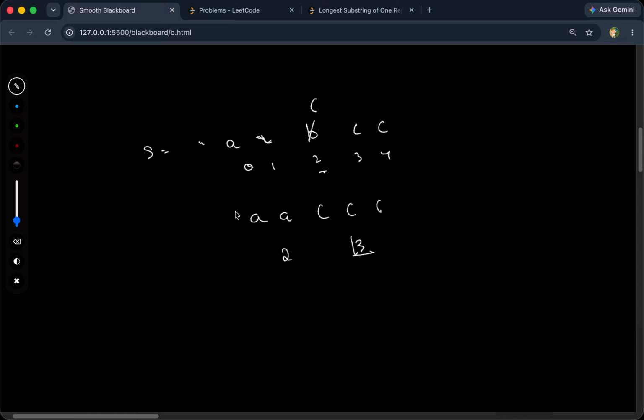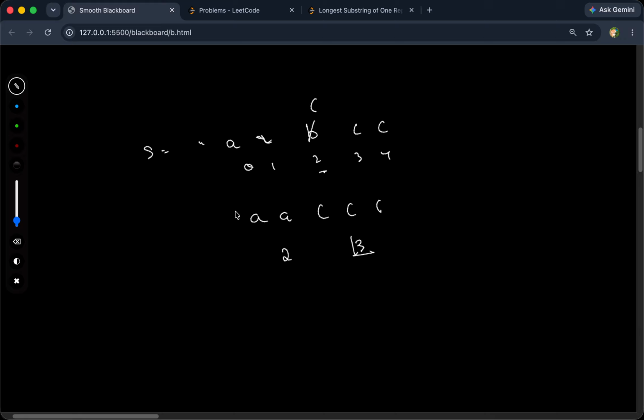Now why is this a problem? This approach is easy, but there is a problem. What if the string has 100k characters and we have 100k queries?